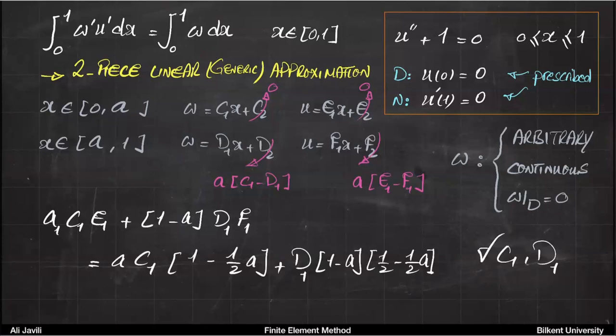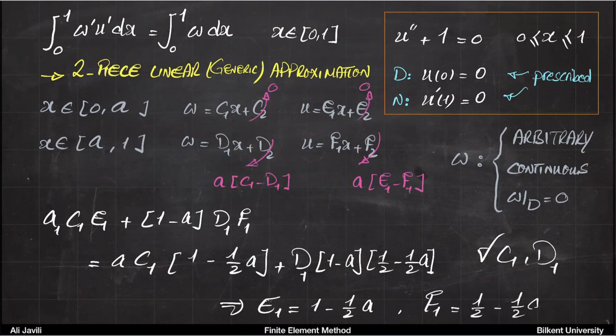If you do that, E1 would be 1 minus 1/2 A, and F1 would be 1/2 minus 1/2 A. So all you have to do next is to insert these values into your displacement function, your U function.